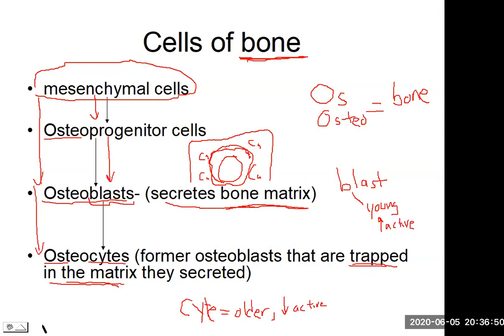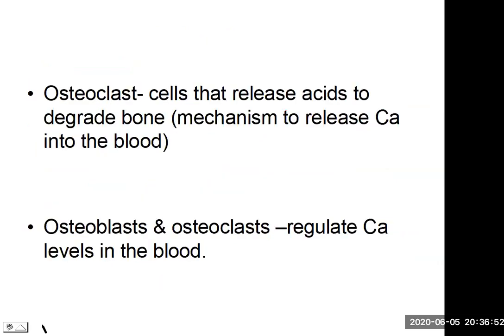Another very different type of cell is known as an osteoclast. So we have to imagine following just a different pathway of development, starting with mesenchyme and ultimately giving rise to osteoclast. Osteoclast is not directly related to the development of osteoblast or osteocyte, but a very different developmental pathway will lead to osteoclasts.